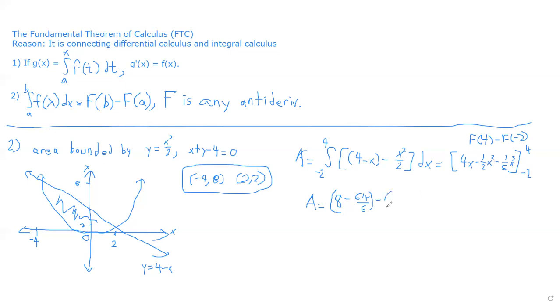Negative 10 minus, let me think, negative 1 over 6 plus 8 over 6, sorry. Okay, negative 32 over 3 plus 4, negative 2, sorry, 18.